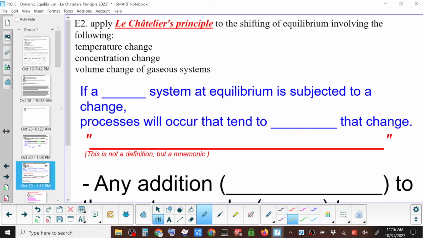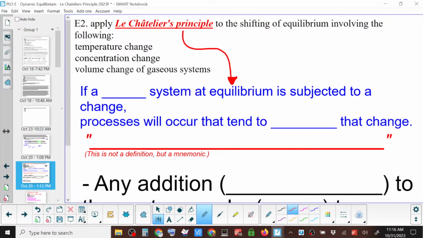And this is just the first introductory page. So apply Le Chatelier's principle to a shifting equilibrium involving the following: a temperature change, a concentration change, and a volume change of a gaseous system. And the very next one we're going to look at some very specific rates.